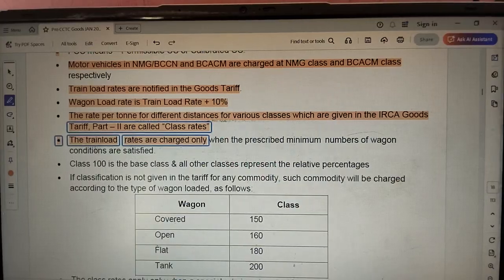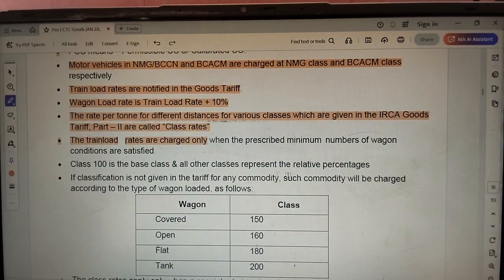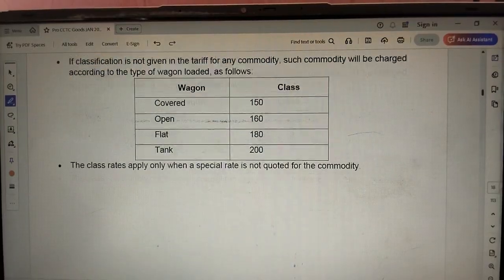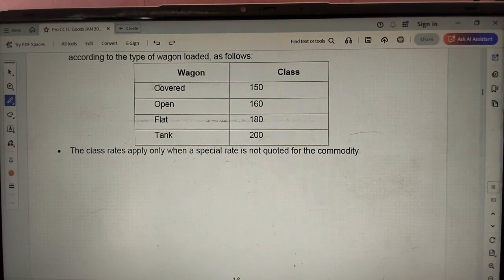This is not very important, so we will see it there. Covered wagon, maybe some questions may come from this.